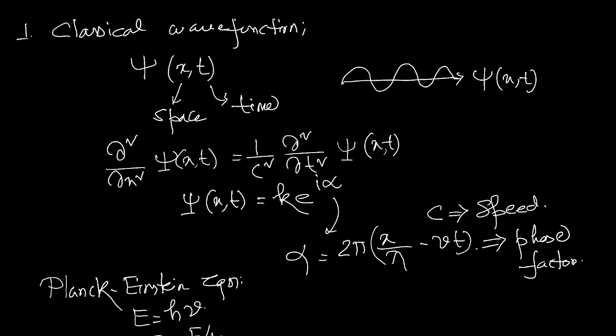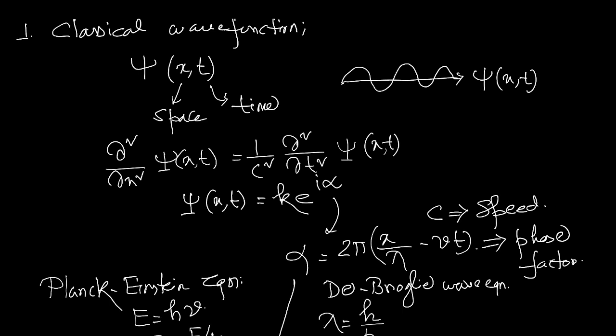Another is the de Broglie wave equation, which says lambda is equal to h by p. Using these two, we can replace the phase factor.